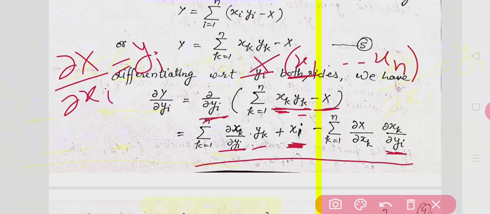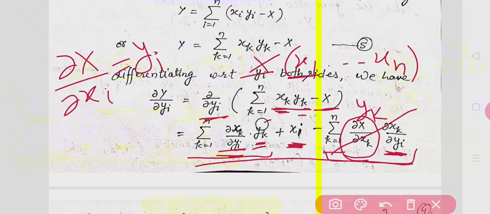This is given in the statement. So ∂X/∂xk will be replaced by yk. This is yk times ∂xk/∂yi, and similarly the other term is yk times ∂xk/∂yi, k varying from 1 to n. These values are of opposite sign, so they cancel out. So what will be left here? Only xi will be left.